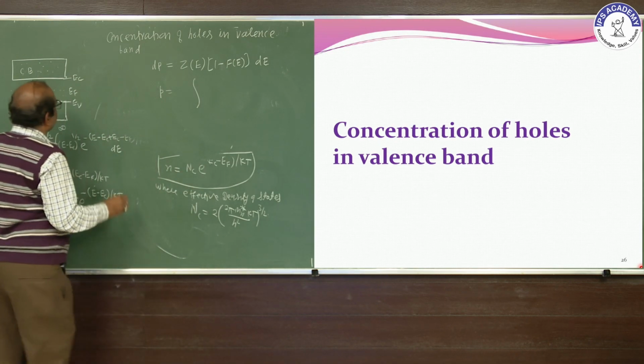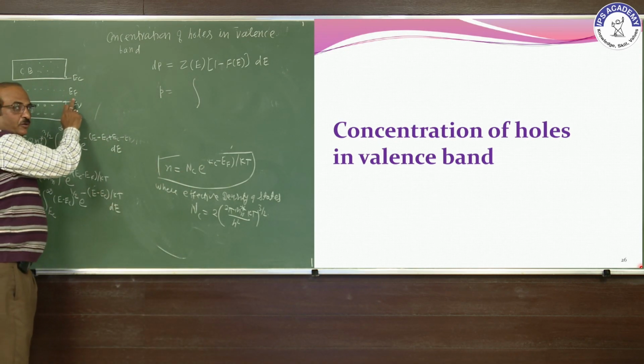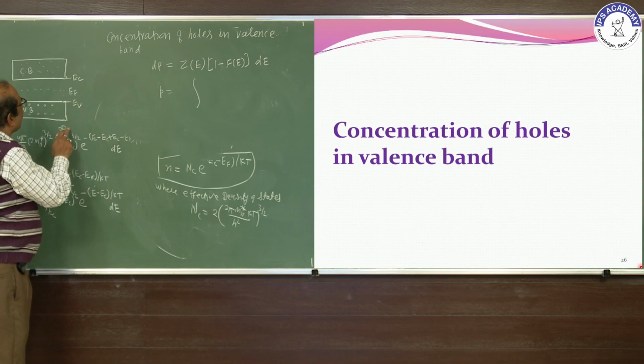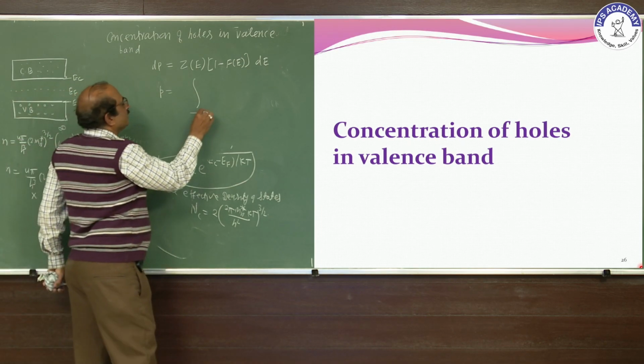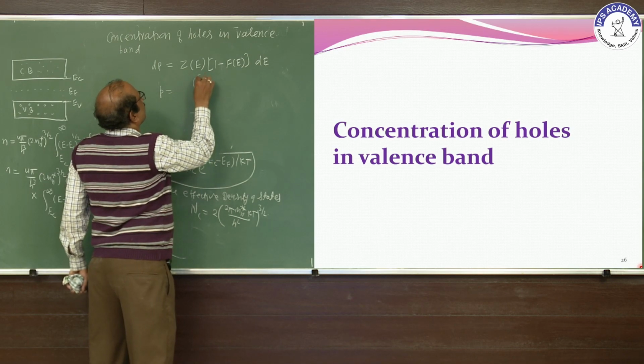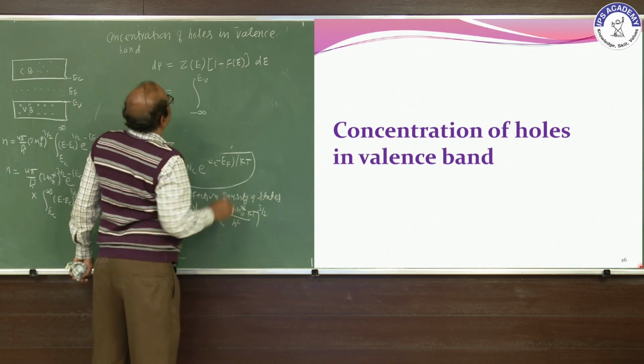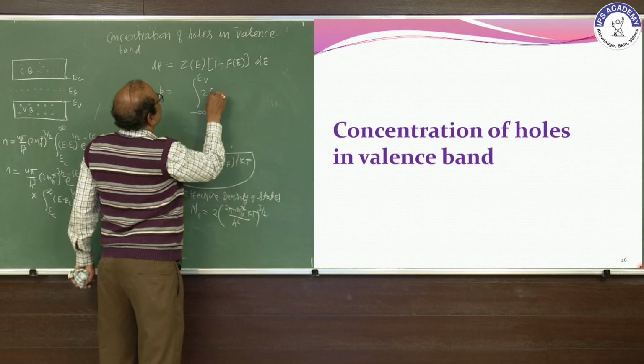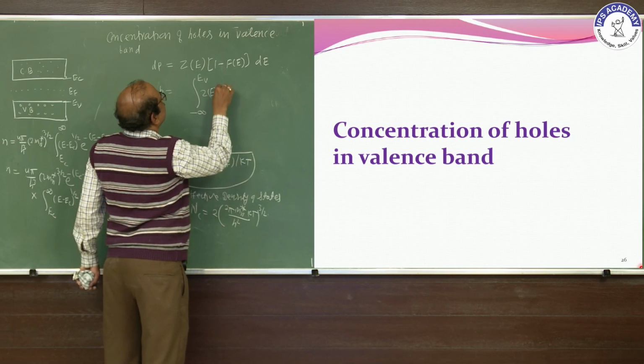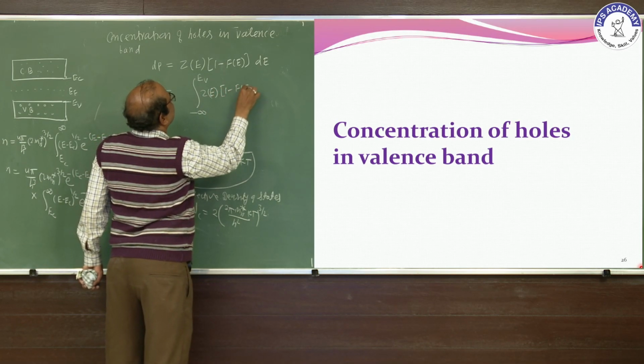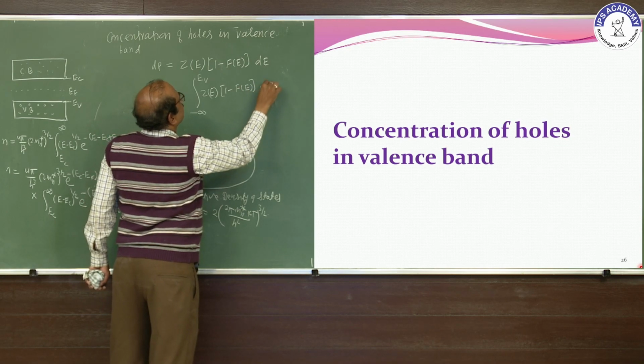We can take the limit, because the energy at the bottom is EV, starting from minus infinity, so we can take minus infinity to EV, of ZE, the density of states, times 1 minus Fe dE.